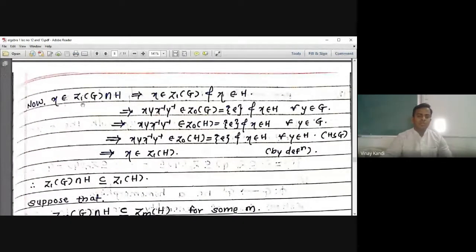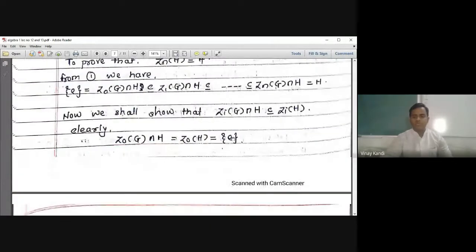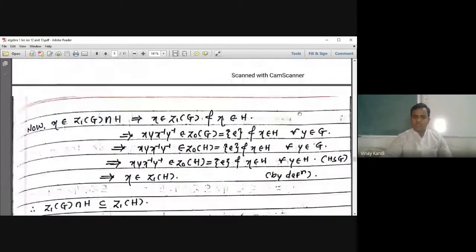Now again taking x1 from Z1 of G intersection H, we have to prove that this element belongs to Z1 of H. Why? Because we have to prove that Zi of G intersection H is contained in Zi of H. Taking i equal to 1, we have Z1 of G intersection H is contained in Z1 of H. We have to prove this one.